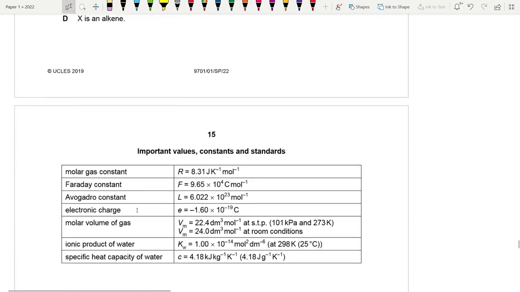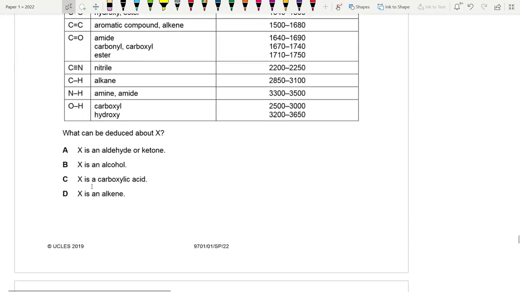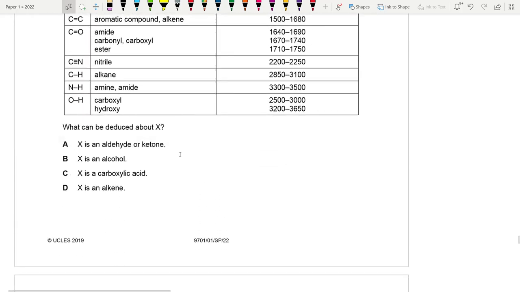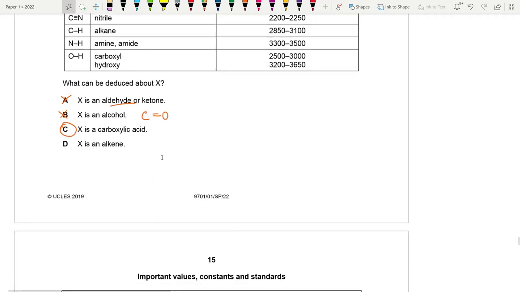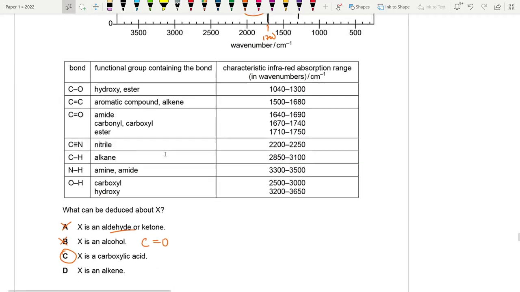So let's try to figure out the compound. What's the question? What can be deduced about X? It is an aldehyde or ketone. Wrong, because aldehydes and ketones do not have hydrogen bonding. It is an alcohol. Wrong. Alcohols have hydrogen bonding, but do not have the carbonyl group. C is perfect because it has both the carbonyl and the peak for hydrogen bonding.